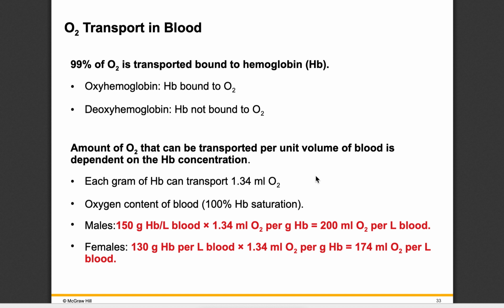You may ask yourself, why do males have higher rates than females? Well, it tends to go back to some hormones and just sex differences, but we know that males tend to carry more iron and process iron a little bit better.